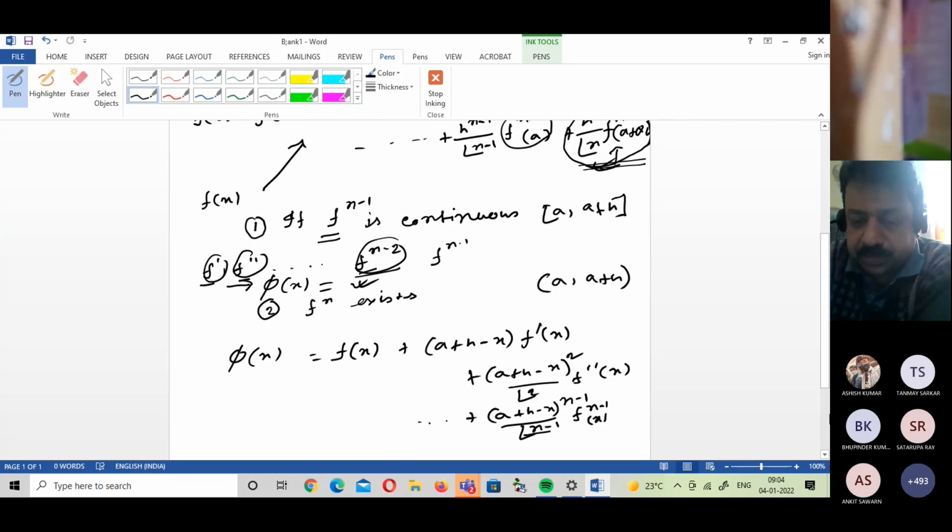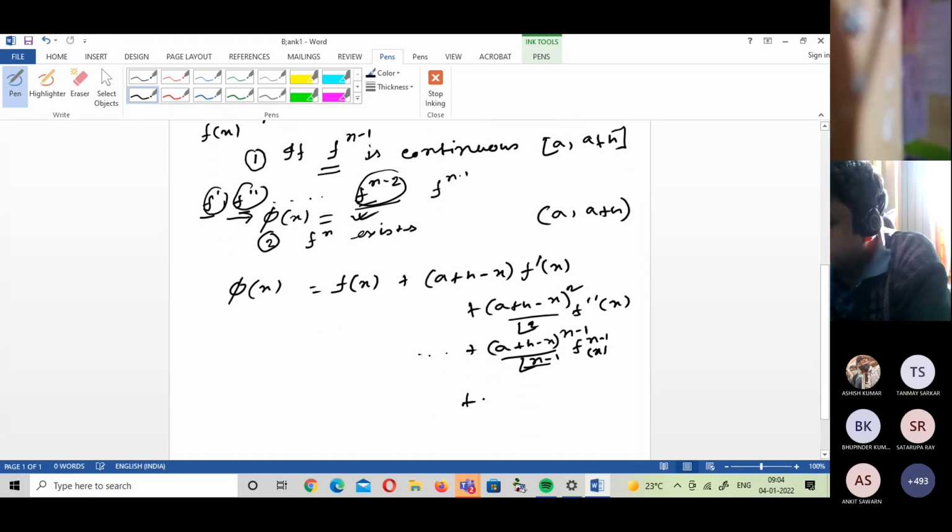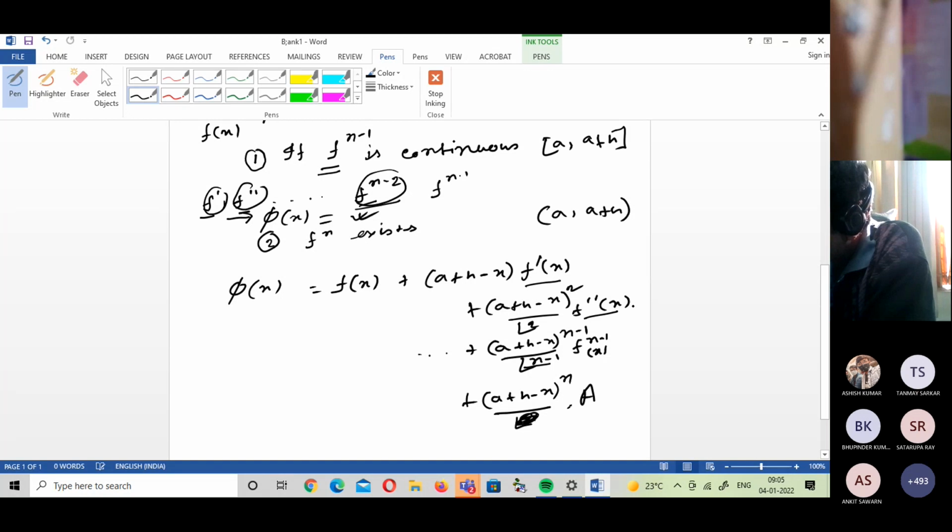Look at the last term. Last term is a plus h minus x to the power n into capital A. Look at this. Here f dash x is involved, f double dash x is involved, up to f of n minus 1 is involved.